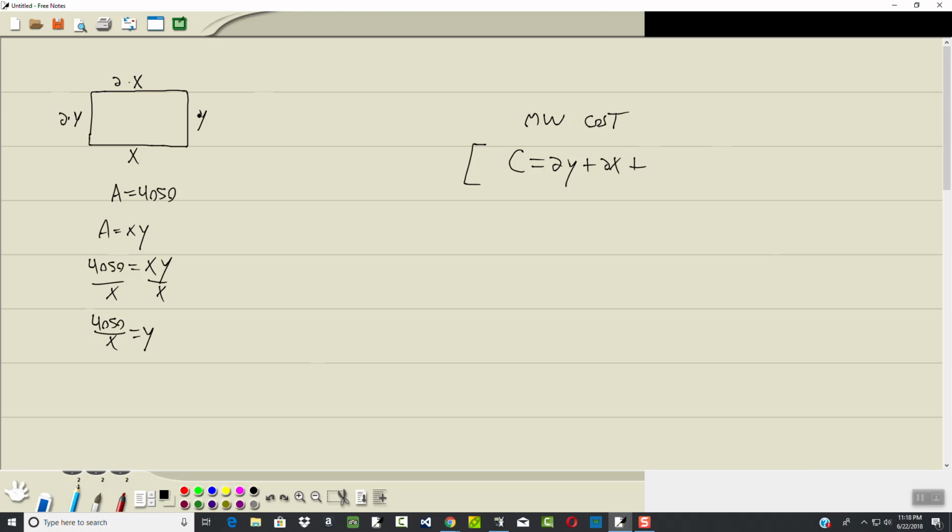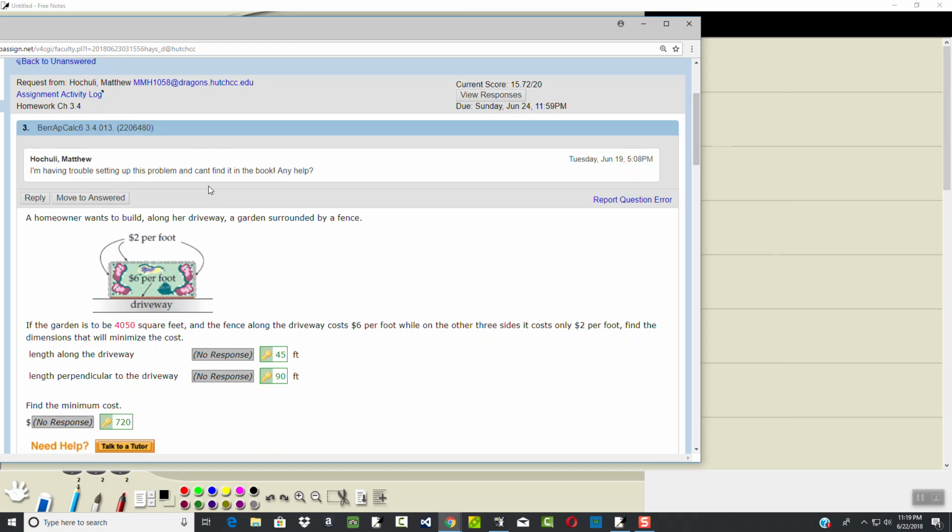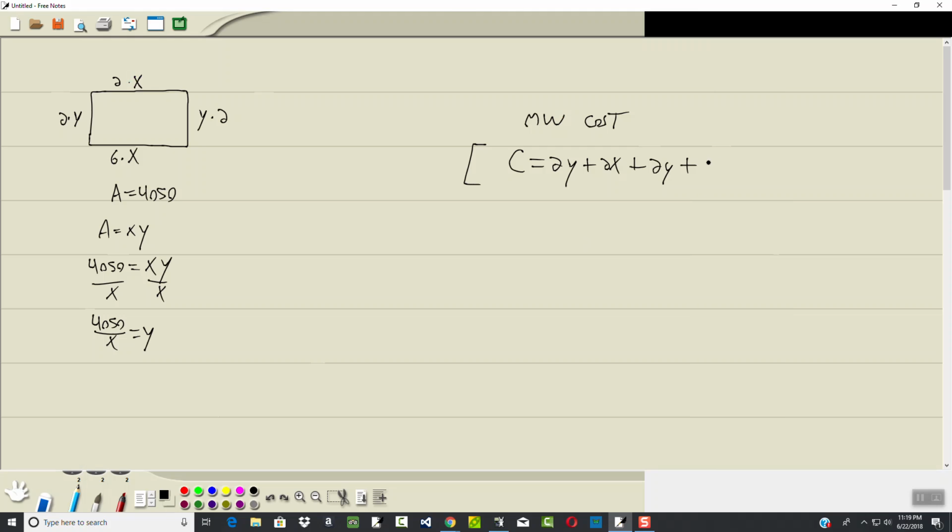Plus this side will be 2y also. Plus this side I think was $6, so that'll be 6x. So 2x plus 6x is 8x. 2y plus 2y is 4y.